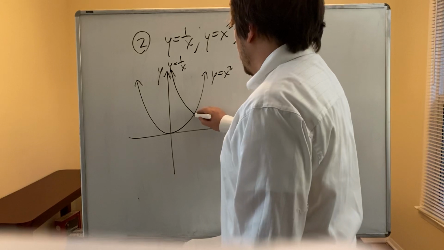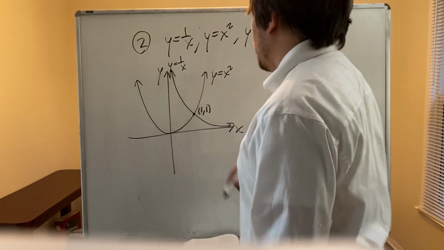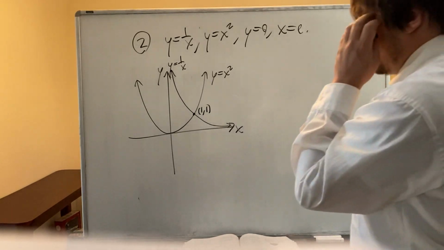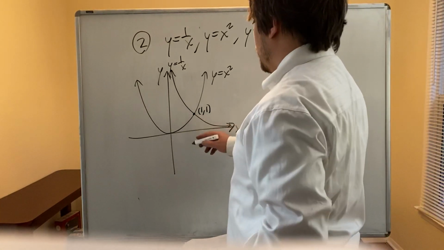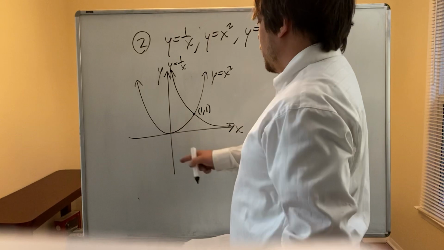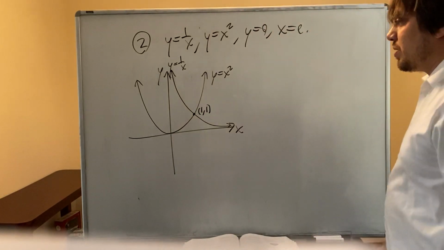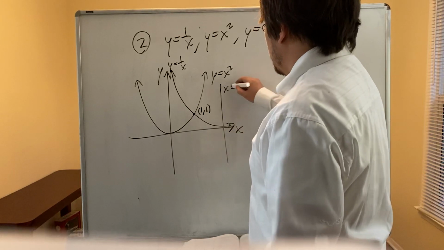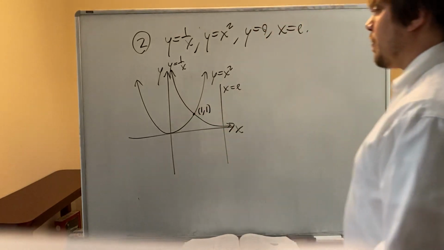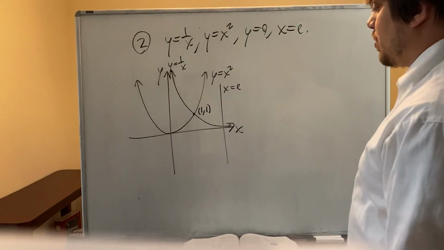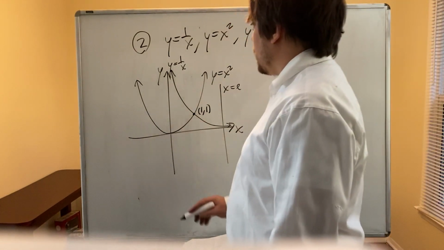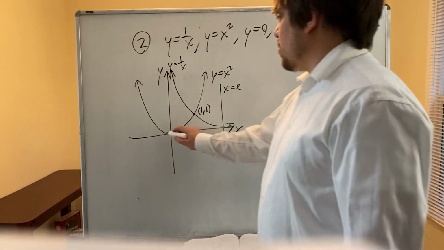Okay, so first off, these two graphs intersect at the point 1, 1. When x is 1, y is 1 for both functions, right? Okay, they also, no, that's just the origin. So that intersects there, and then x equals e. Let's say x equals e is here, to the right of x equals 1. And y equals 0 is this.